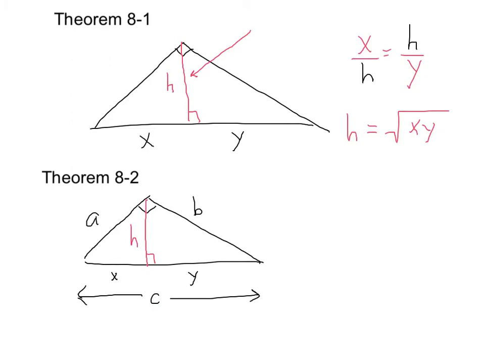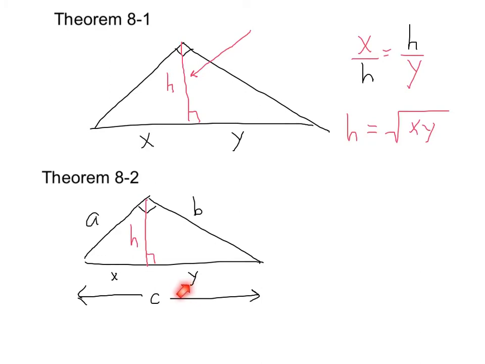Now when we take the height here, our segment in red, and drop it from the vertex at the right angle down to the hypotenuse, just as we did in the problem above, it cuts the hypotenuse into two parts, a little part and another little part.